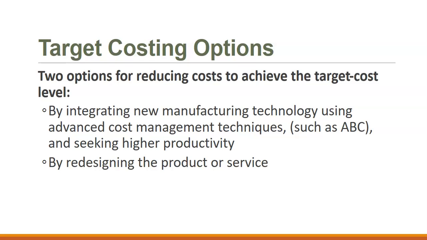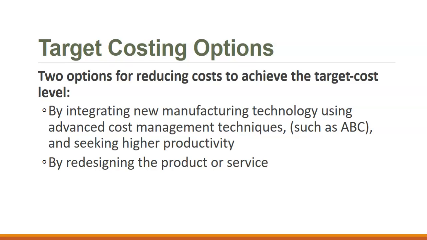With target costing, we have two options for reducing costs. One is by looking at cost management techniques, such as activity-based costing. We look at how we're currently costing our product, and if we change from one overhead allocation rate to another, such as moving from a single volume-based rate to activity-based rates, we can actually change the overall cost of the product.